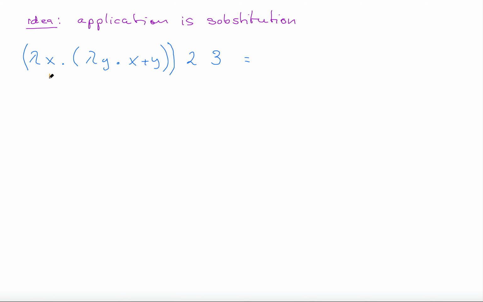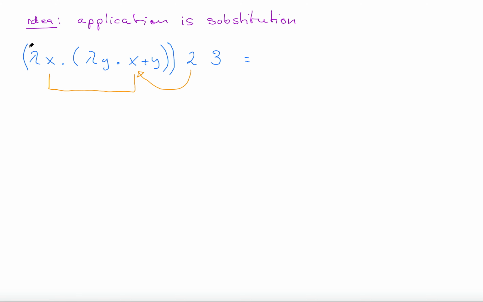We have a variable here, and this variable indicates a place in the body of the function. The beta rule tells us that everywhere we have x in the body of the function, we need to replace the x by its argument. Application is substitution, so what we need to do here is substitute the 2 for the x.